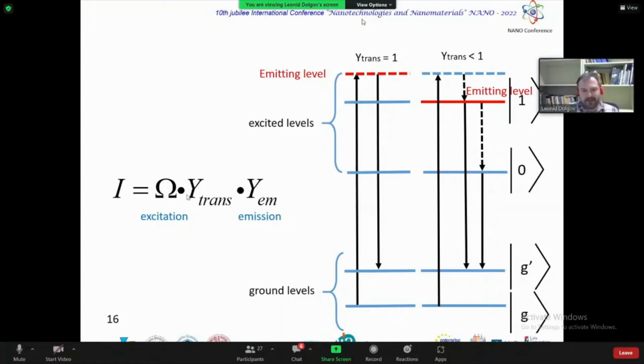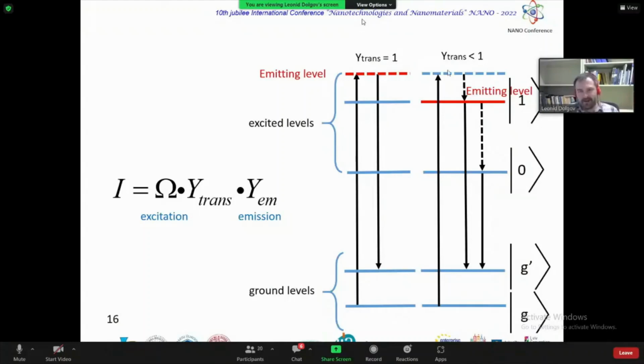When we talk about the transfer, it means that when we excite to some level and have emission from the same level, the transfer is unity. It means that all energy that is excited goes to the radiative channel, and therefore the transfer is 100%, like unity.